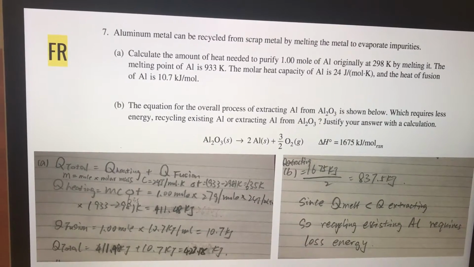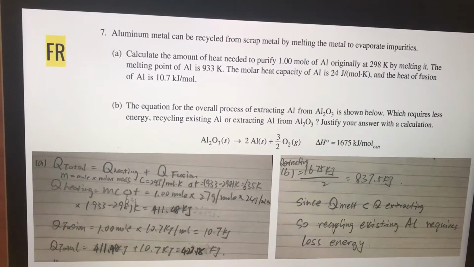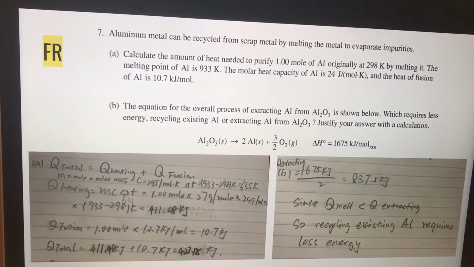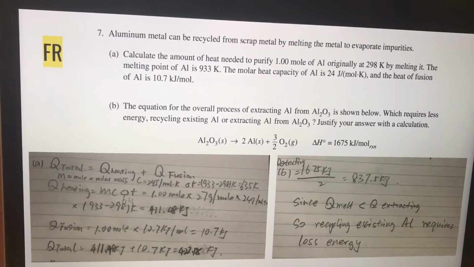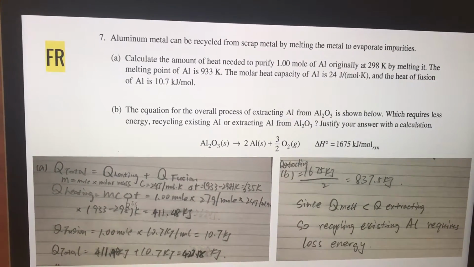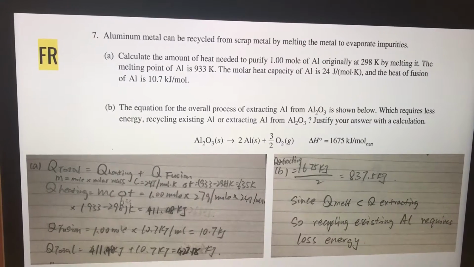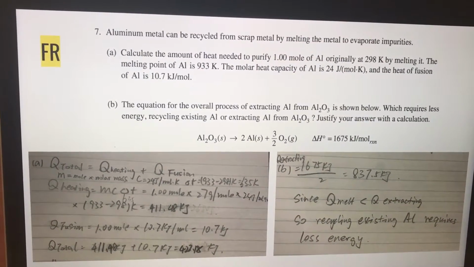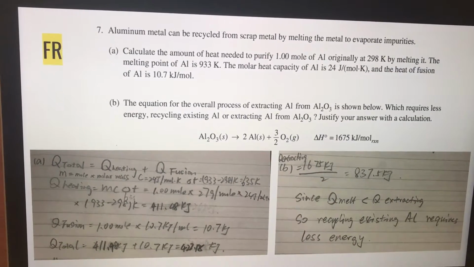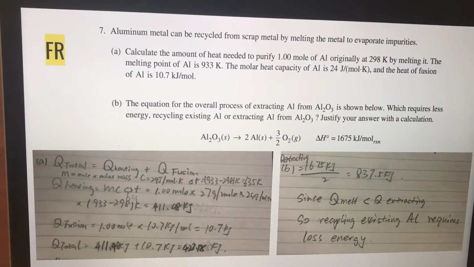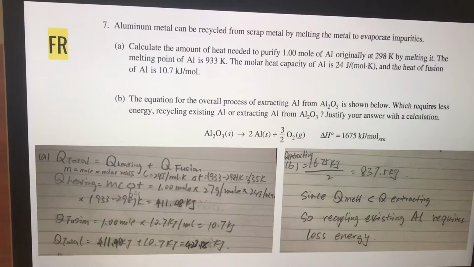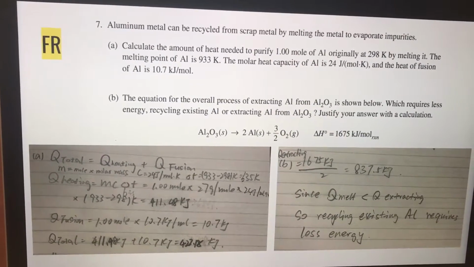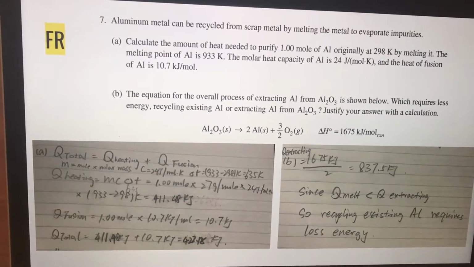So with the reaction that was given, we can see the energy used to produce 2 mole of aluminum is 1675 kilojoule. So what about the energy used to produce 1 mole of aluminum? We can just divide the 1675 by 2, and we got 837.5 kilojoule.